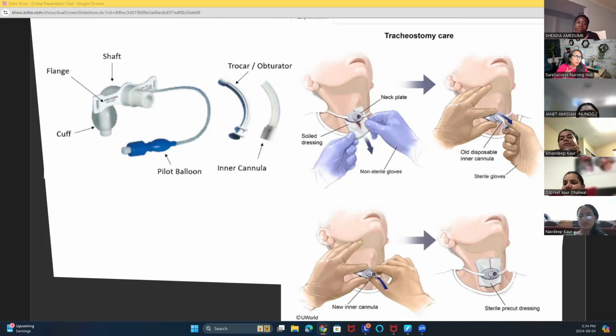No. So what is another important thing you have to have at the bedside? A tracheostomy set. But make sure, it is an important point if you want to write it down, you have two sizes of tracheostomy: the size which the patient has and one size smaller.